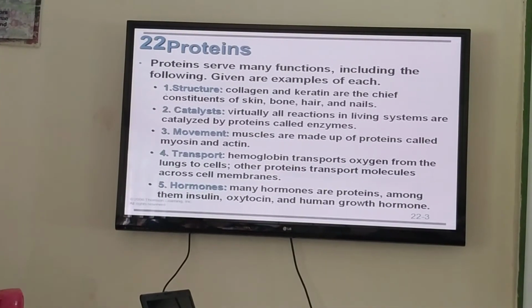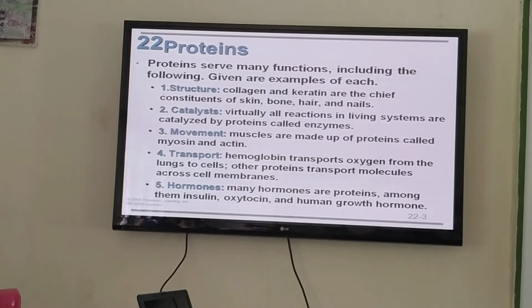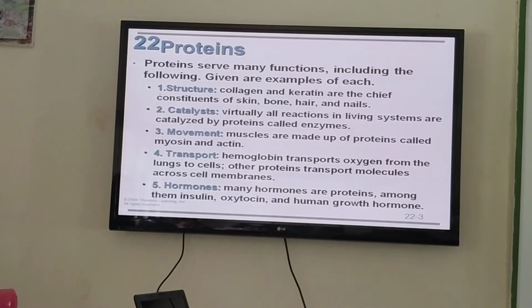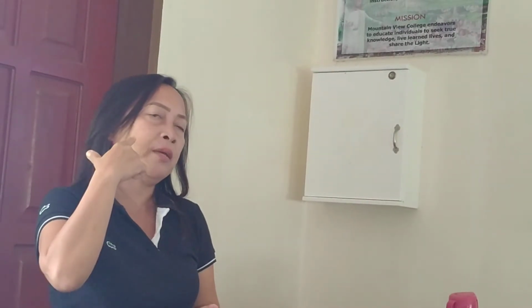So first, it functions as structure, like in our collagen. I told you what resists pressure. Say when our skin is being pressed, what makes it go back to its original form has something to do with our collagen. Now, when we grow older, however, the collagen secretion will slow down.